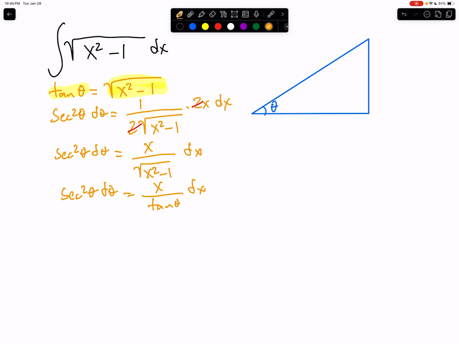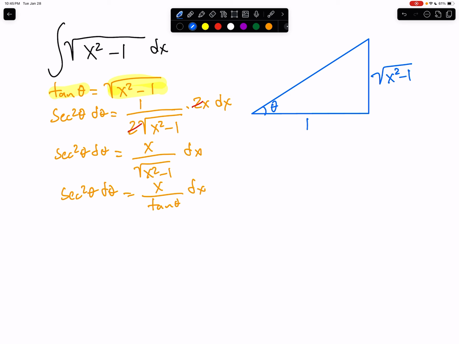Remember, this is all over 1, so this is opposite over adjacent. So opposite to theta is the square root of x squared minus 1, and adjacent to theta is 1.